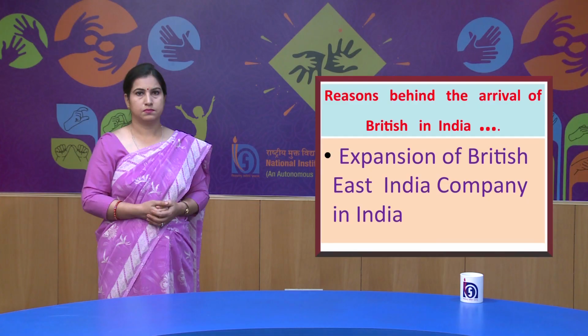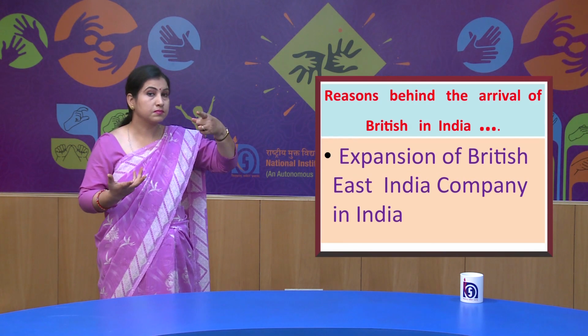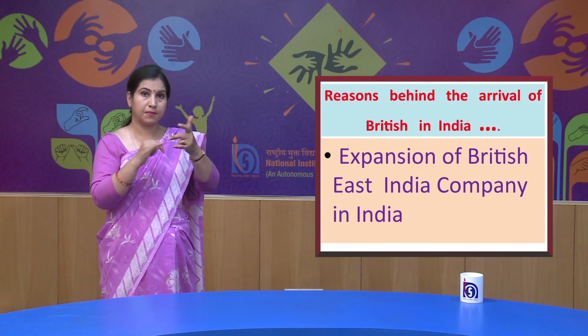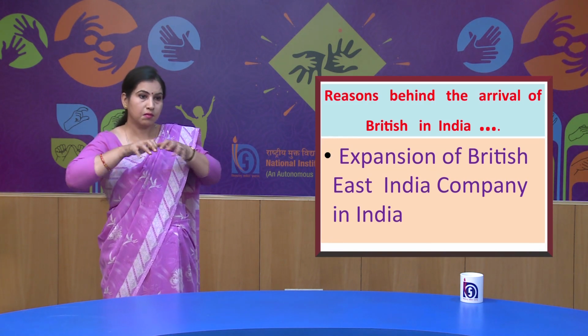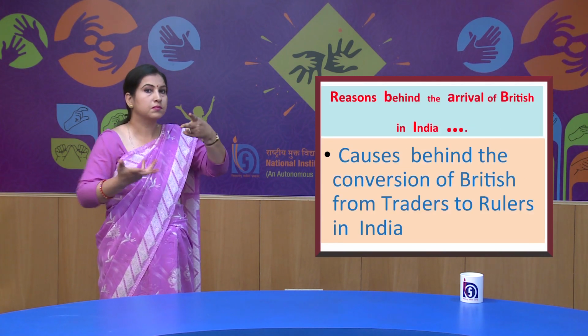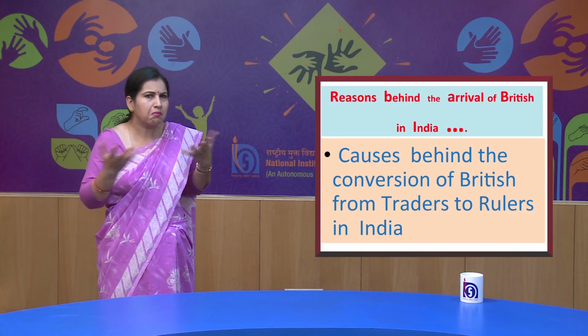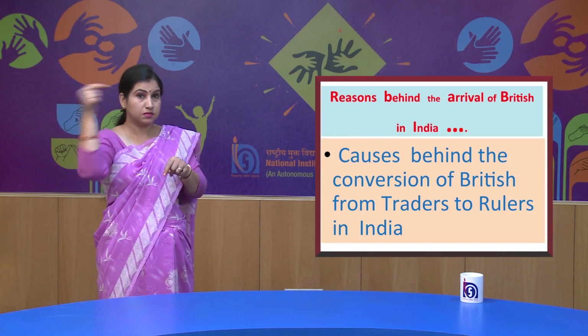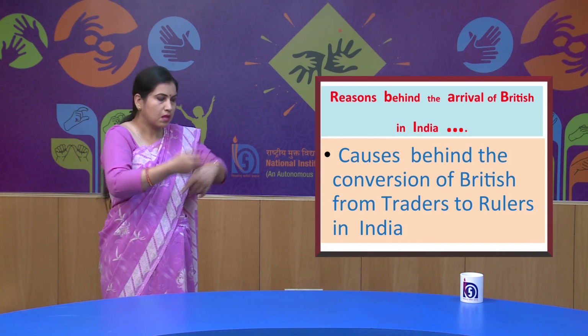But before saying goodbye, let us summarize what we have learned so far. Number 1, expansion of British East India Company in India. Number 2, causes behind the conversion of British from traders to rulers of India.